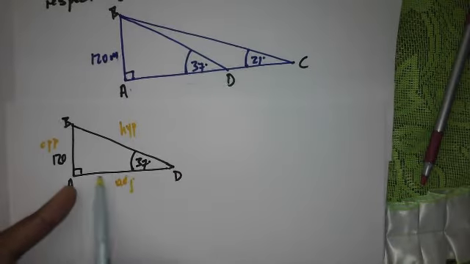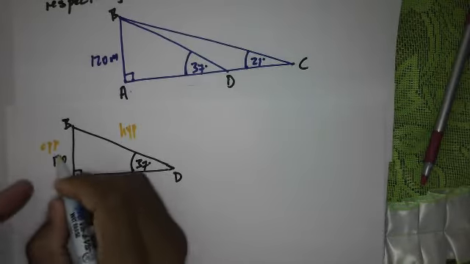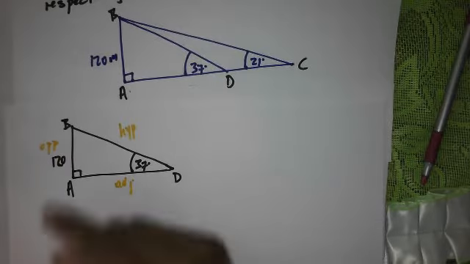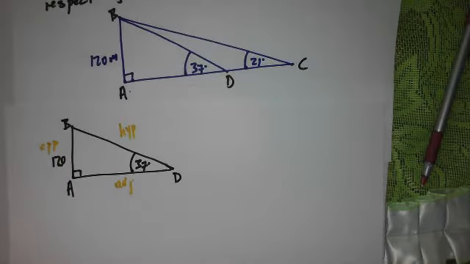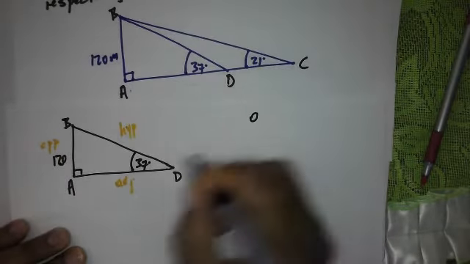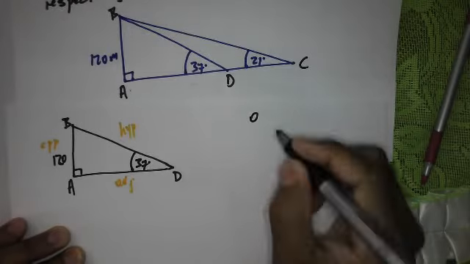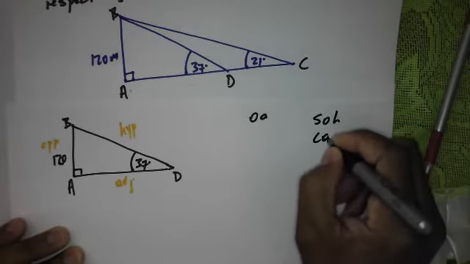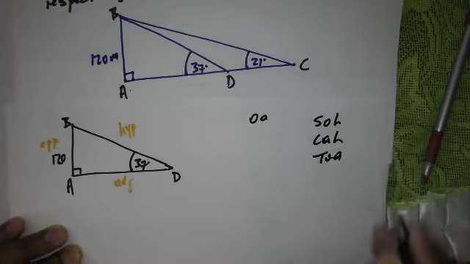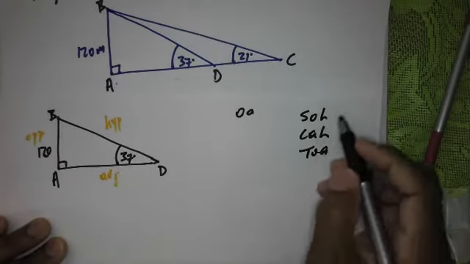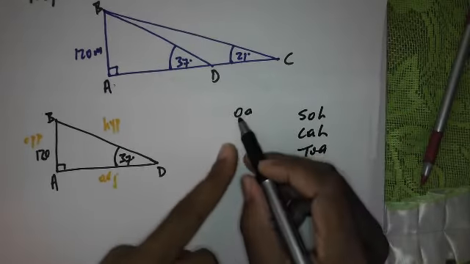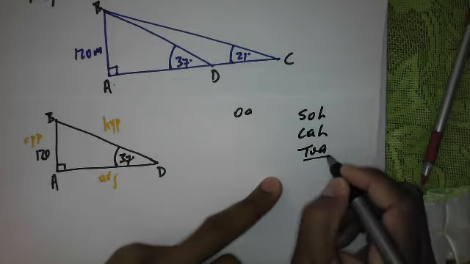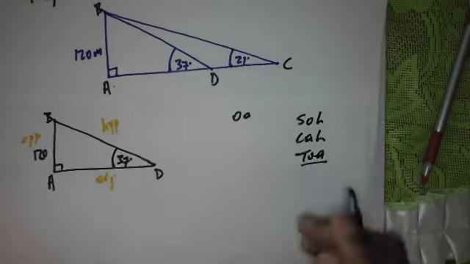Because I want to find the adjacent side, AD, and I have the opposite side, I write O for opposite and A for adjacent. So I go back to my SOH CAH TOA, and that tells me I want the one with O and A in it, that is tan. Tan is the only one that has O and A in it.